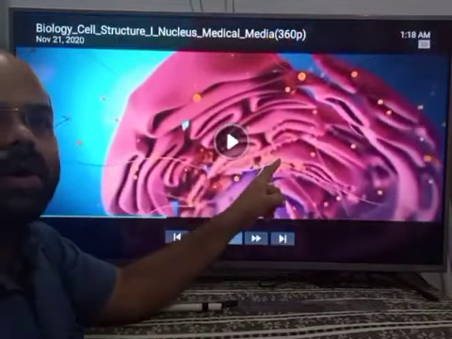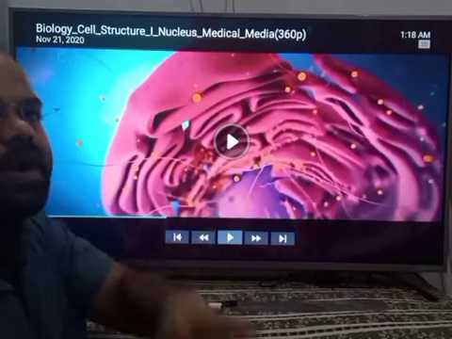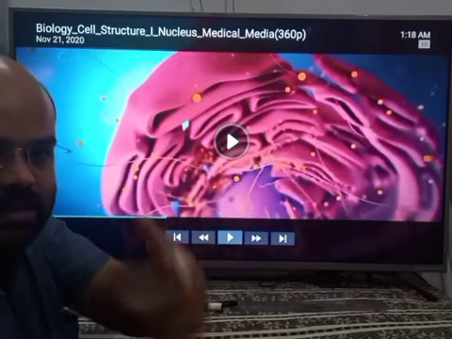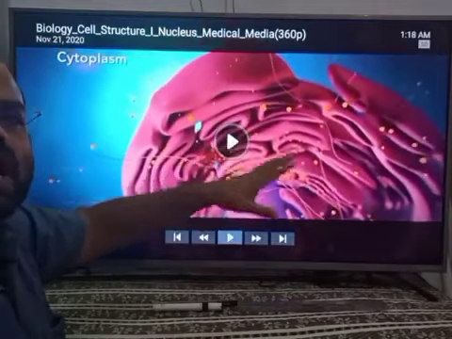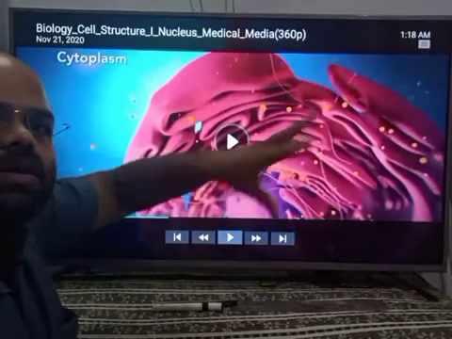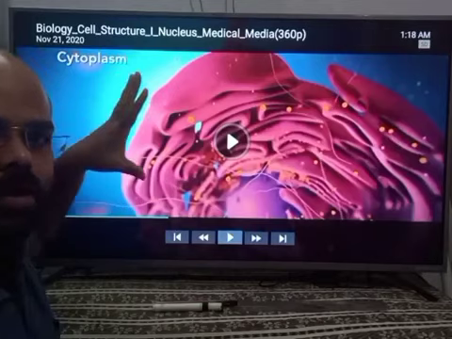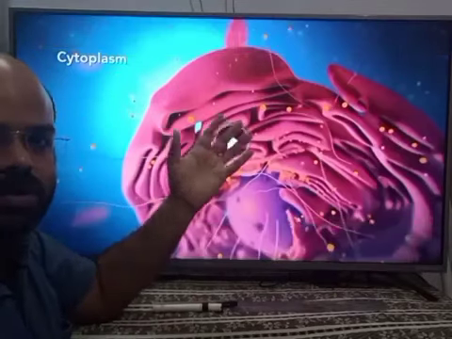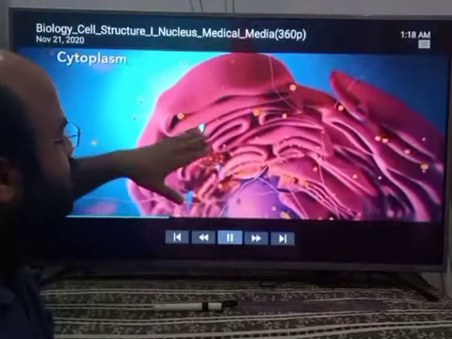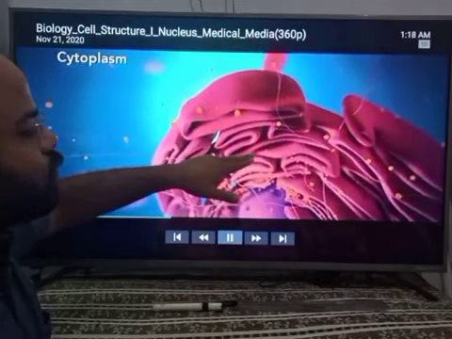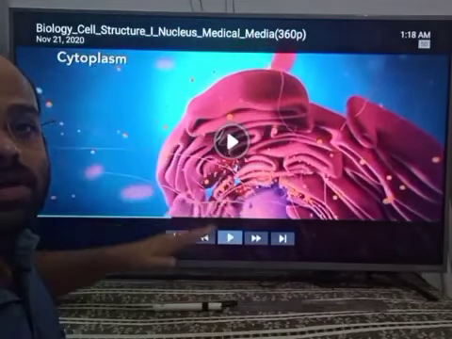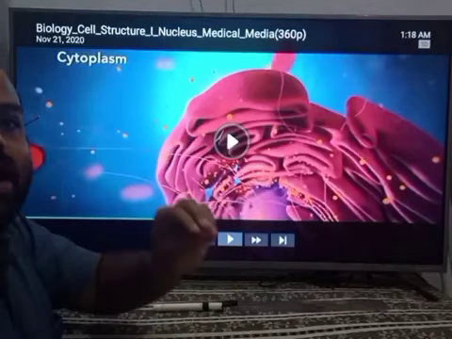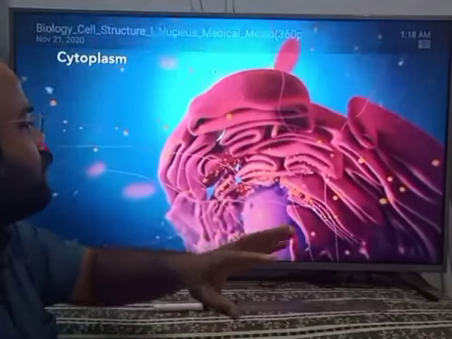That type of endoplasmic reticulum is called rough endoplasmic reticulum, which I will discuss later. A few ribosomes are also floating in the cytoplasm, because the cytoplasm is a fluid-like structure, so they float. Most of the ribosomes are attached to the endoplasmic reticulum surface. Why? To synthesize protein.